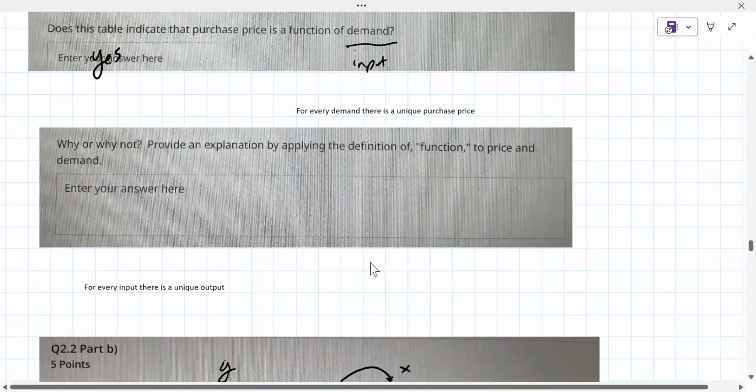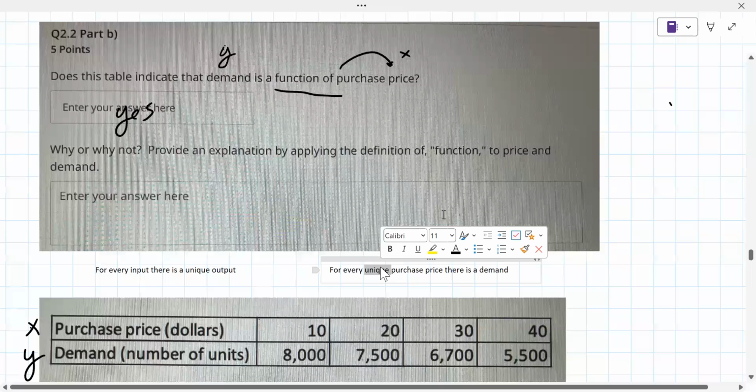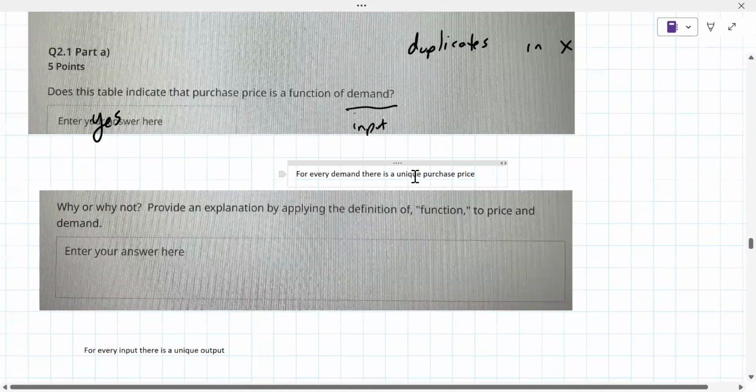Did I say that? Sorry, the other way. For every unique purchase price, there is a single demand. So I think I'm getting too picky here.